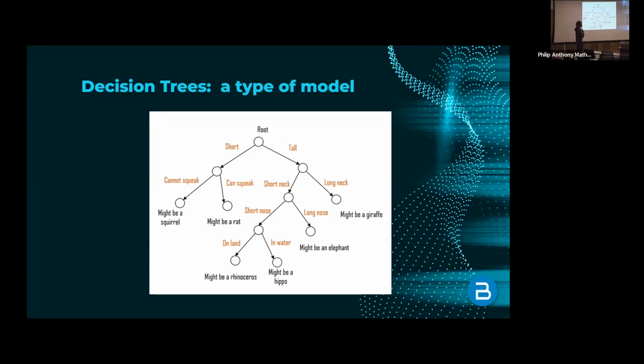But if there's one attribute that splits it into 8 on one side and 2 on the other, well, that one may actually be a better question, right? The reason it's a better question is you've already eliminated 2 classes. Those 2 you have, you can just say, okay, cool, I've already eliminated one.